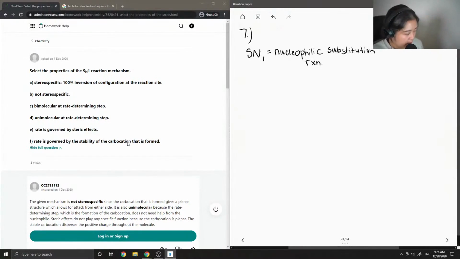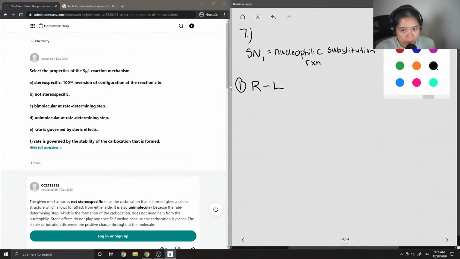So typically this takes place in 2 steps. So first we have, let's just say, R bonded with L. So this is our substrate.